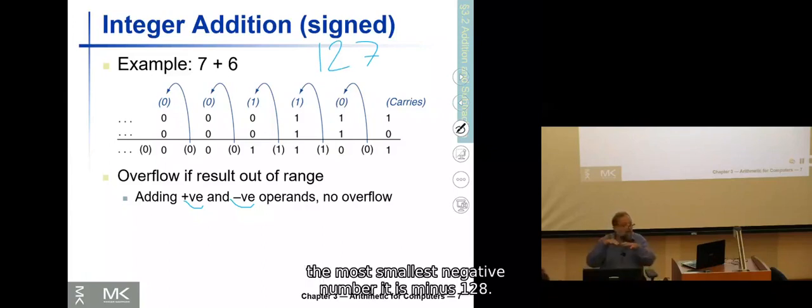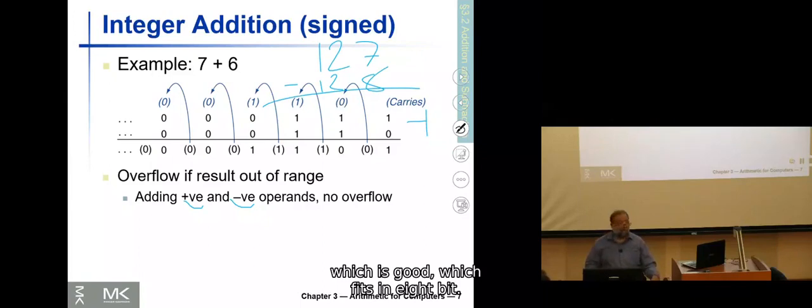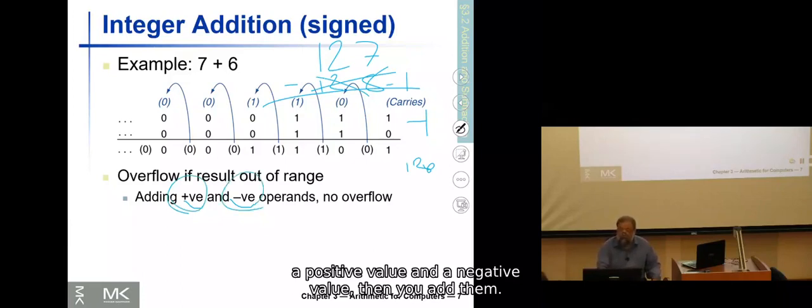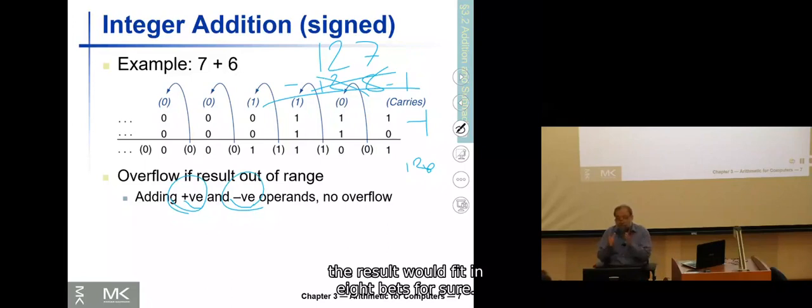Add it to the smallest negative number, minus 128, and the result would be minus 1, which fits in 8 bits. And even if you add it to minus 1, the largest negative, 127 plus minus 1 is 126. So there is no problem. If you have a positive value and a negative value and you add them, there is never an overflow, for sure. The result would fit in 8 bits.